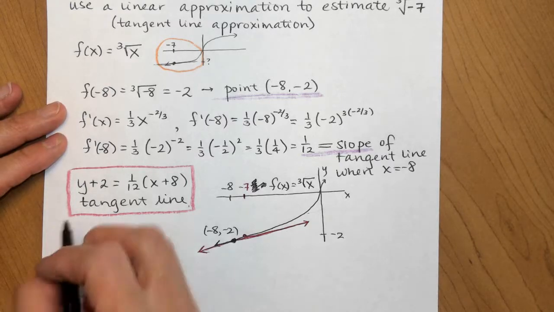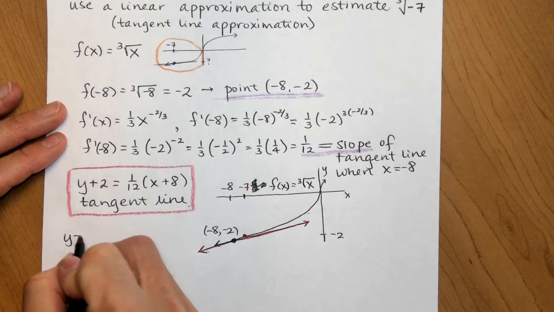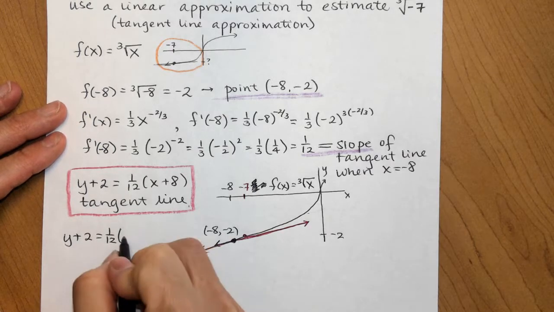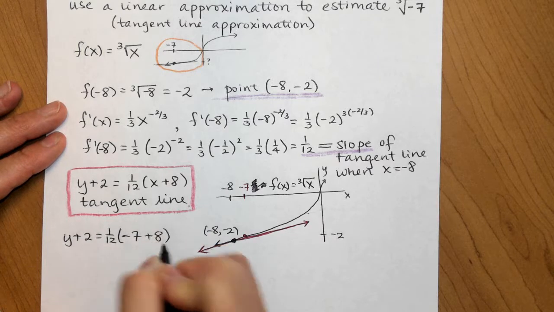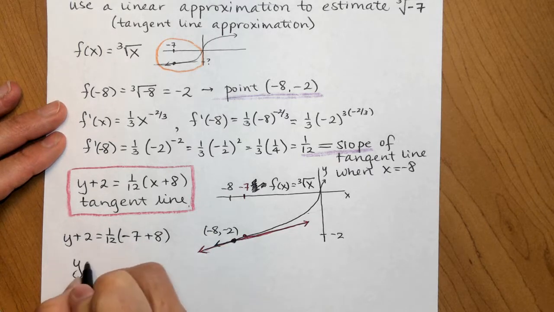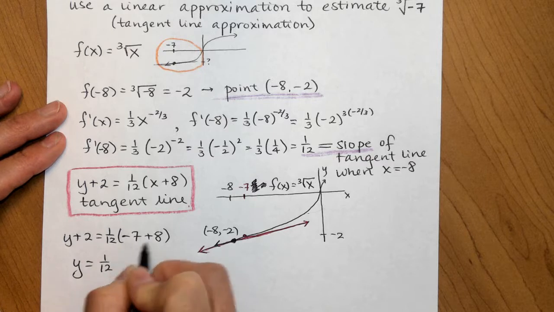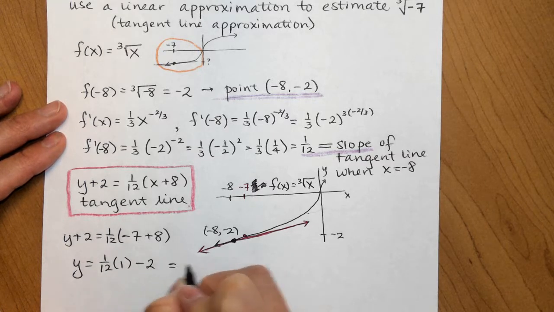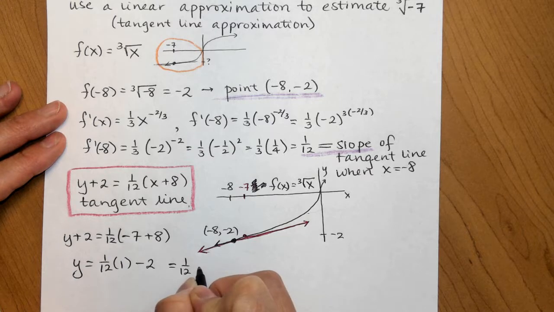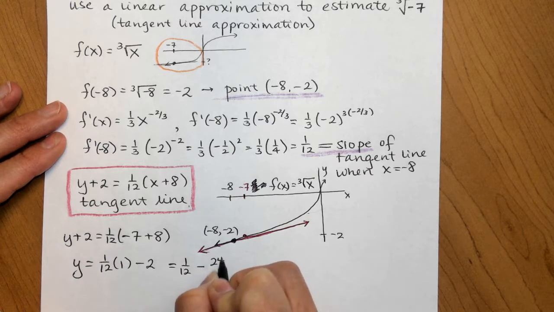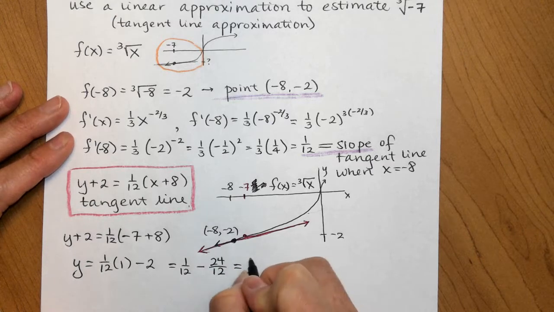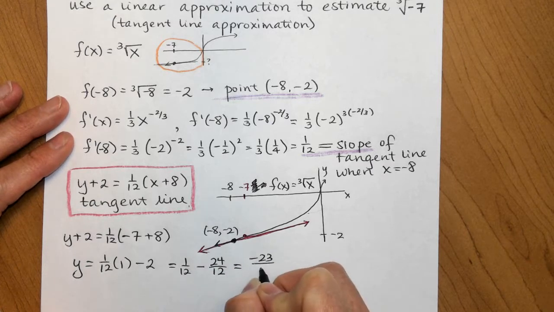Okay, so I'm going to plug in -7 to my tangent line equation here, and I get y equals 1/12 times 1 minus 2, or 1/12 minus, I'm going to give this a common denominator, and so I'm going to get -23/12.